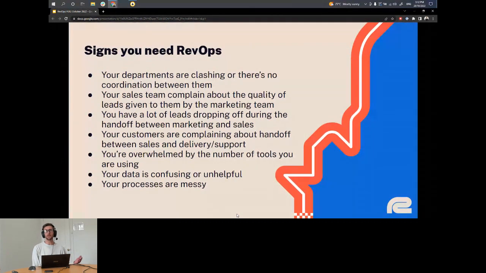So they can't target the people more likely to convert, and they don't know what to tell those people if they manage to target them. RevOps could solve that. And finally, if you think that your processes are messy, you probably need to look into RevOps. It builds processes for every stage in a customer journey to create a consistent and delightful experience for your prospects.